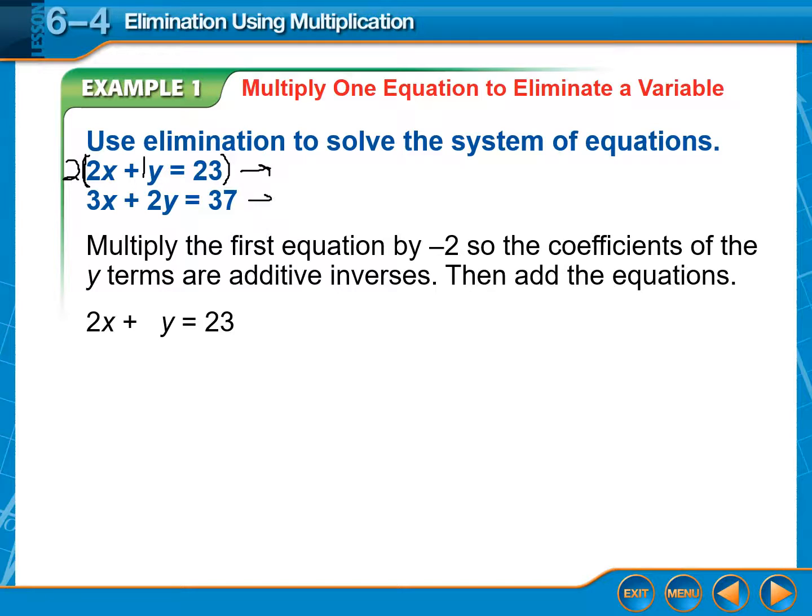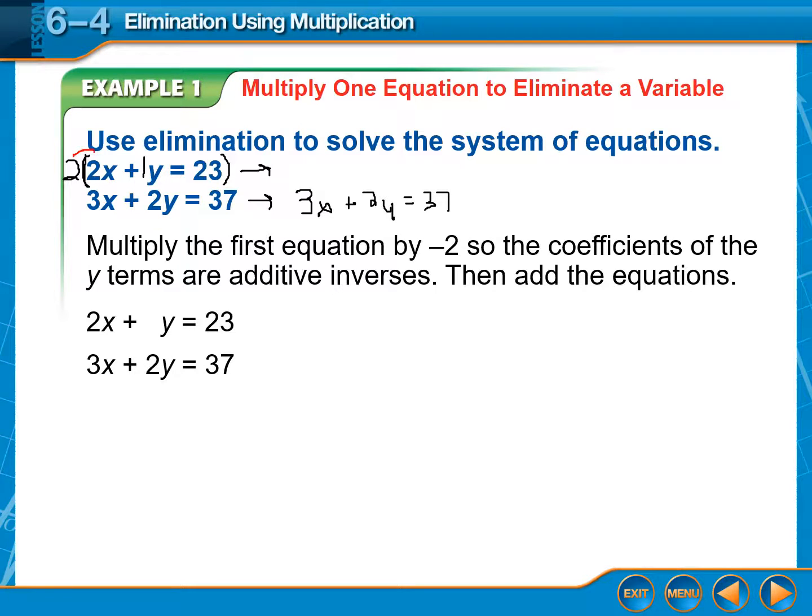So I can rewrite these equations. My bottom equation here, 3x plus 2y is equal to 37, is going to stay the same. But what I'm going to do is multiply my top equation, 2x plus y equals 23, everything there by 2. So it's similar to when you use the distributive property.